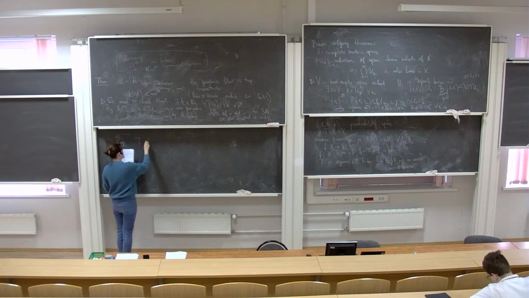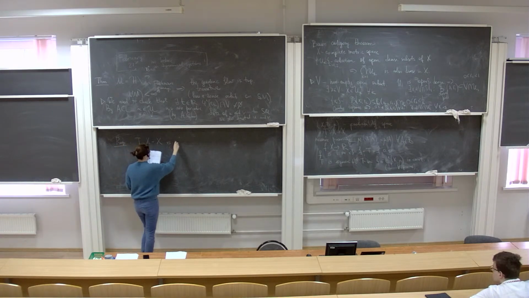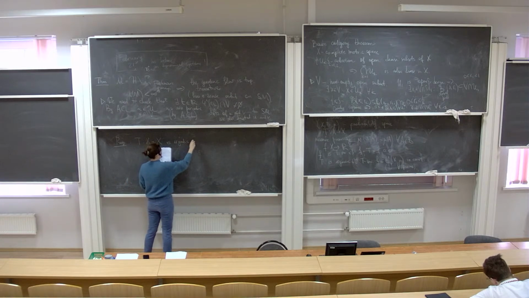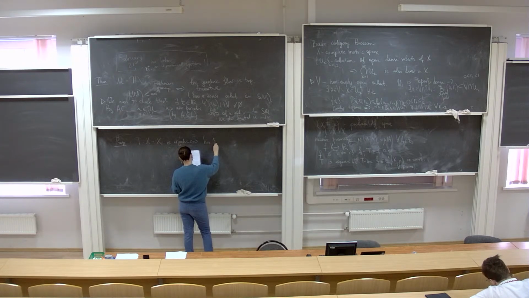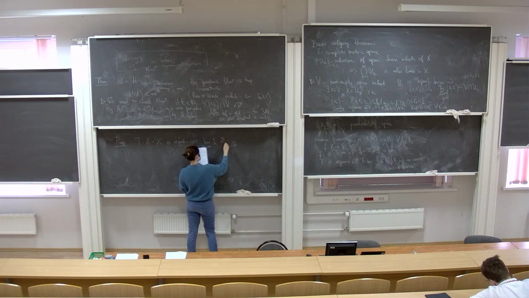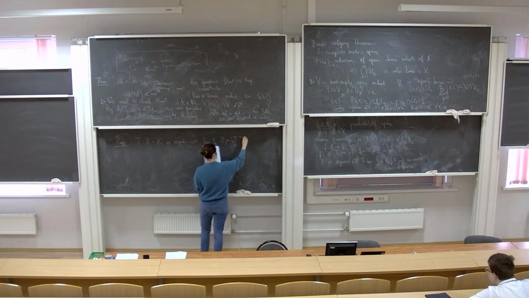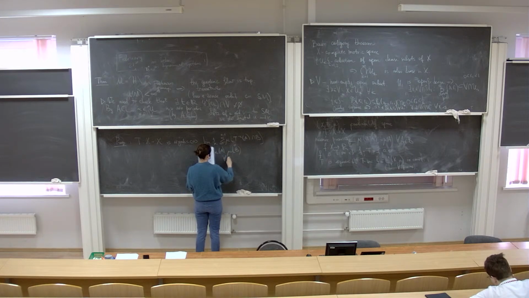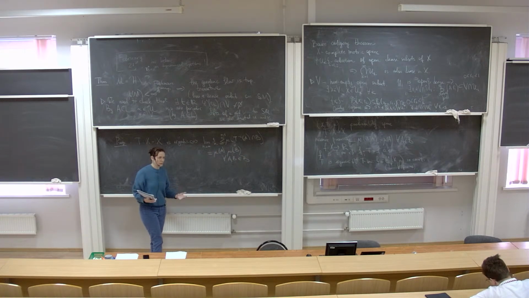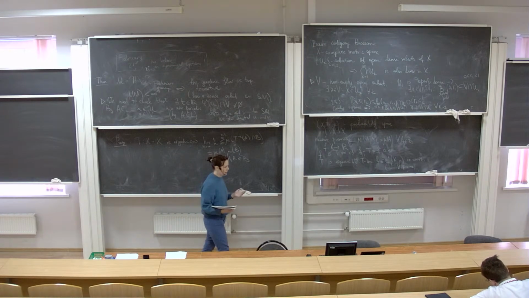We say that T is ergodic if and only if the limit of 1 over n of the following sum, where we measure T^{-i}A intersected with B, summing from 0 to n minus 1, coincides with the product of the measures of A and B, for any measurable sets A and B.